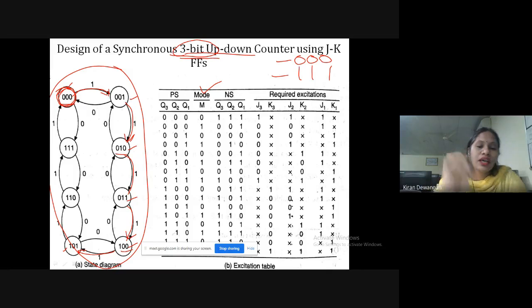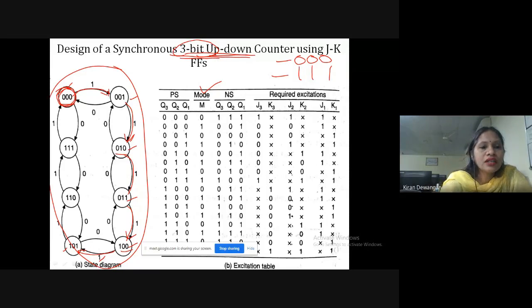So here we are writing the mode value, whether the mode is 1 or 0, because we are designing up counter and down counter both. So we are designing an up-down counter. So for that purpose we have made use of mode. Otherwise mode was not required. Clear?